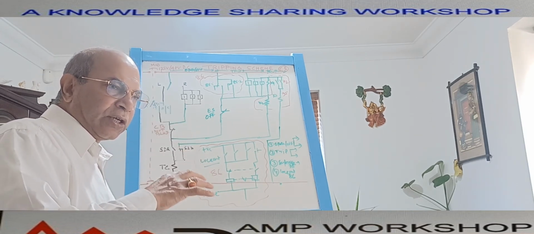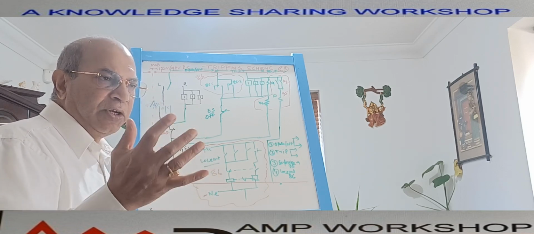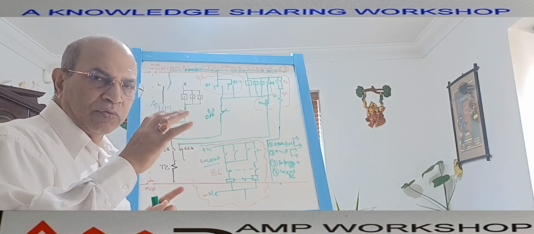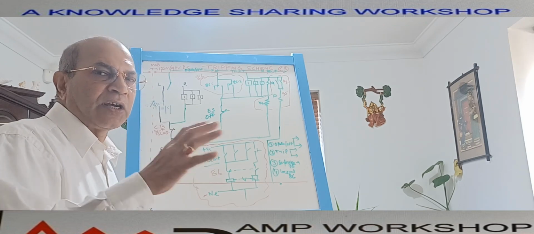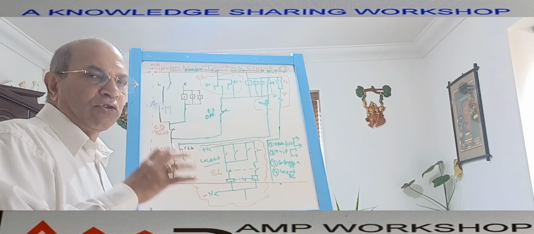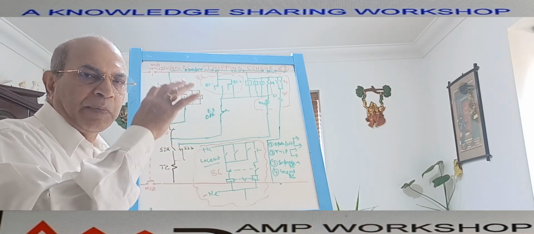The closing circuit, tripping circuit, alarm and indicator circuits, various circuits under the switchgear control schematic, each normally get their power supply through a separate MCB.